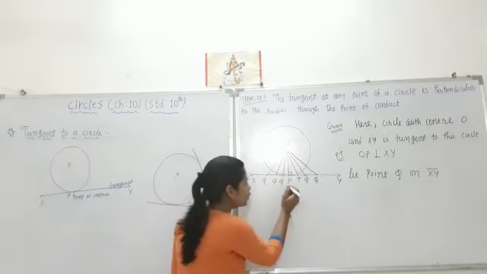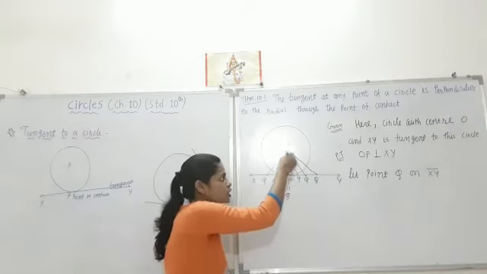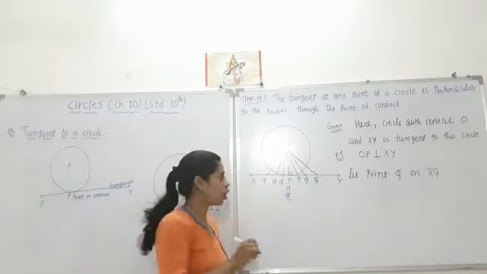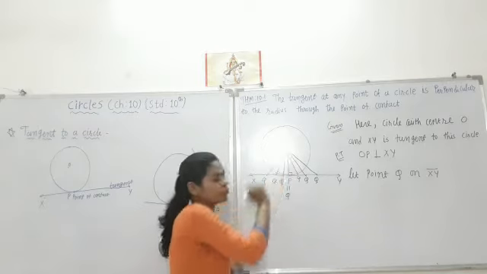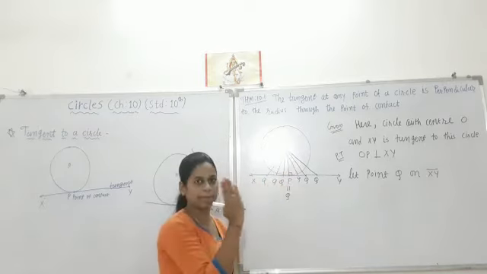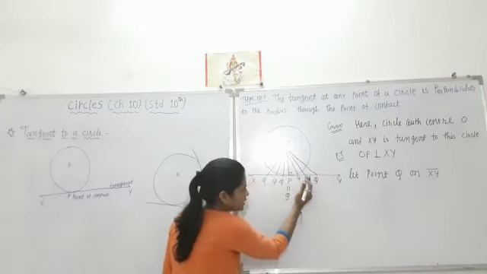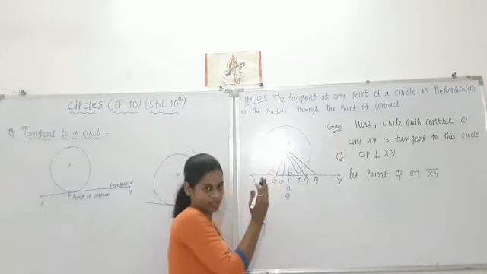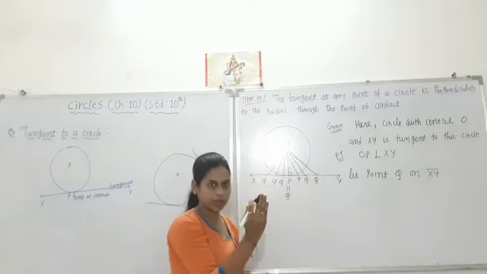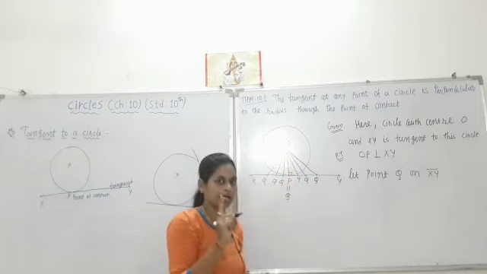But if your Q is put at P, then this becomes the shortest distance from the center. And this shortest distance is definitely perpendicular, because the other distances definitely increase, and this is the straight one. So this becomes the shortest distance from O to P, and this becomes the perpendicular.